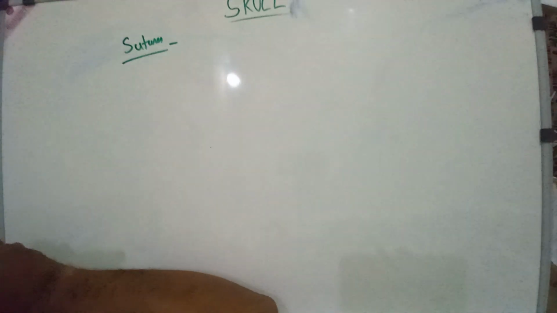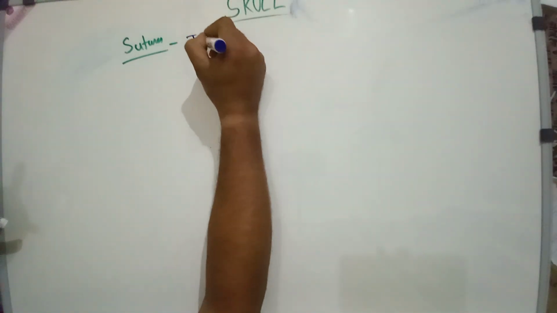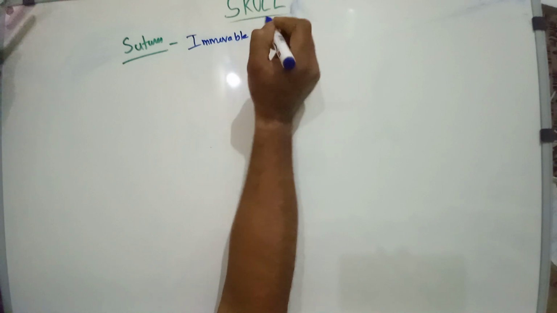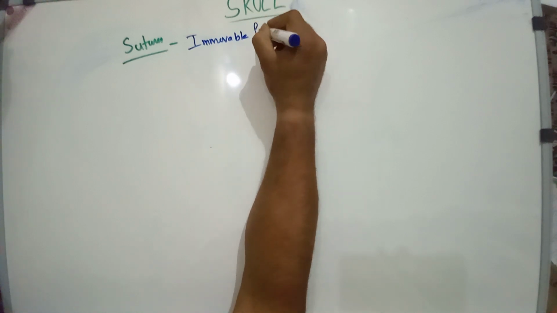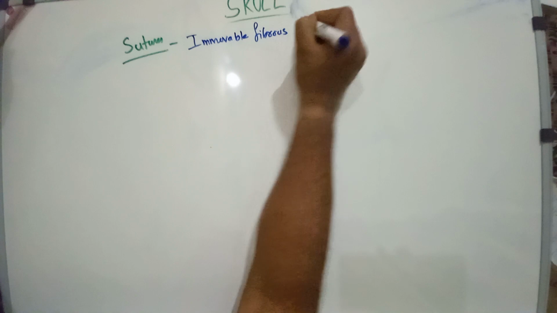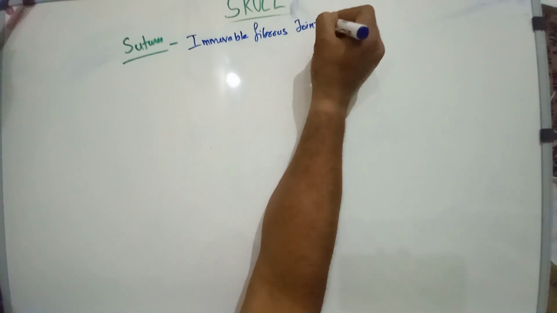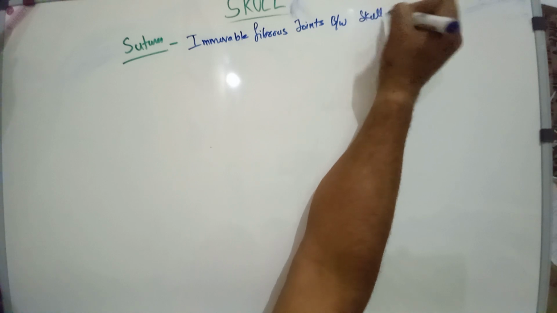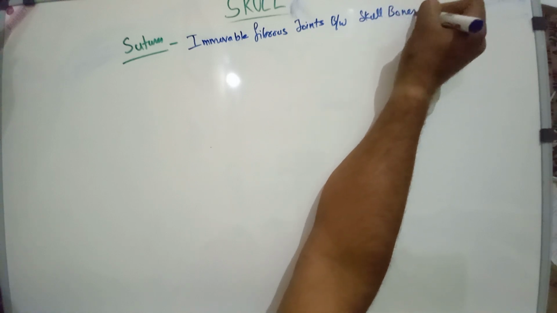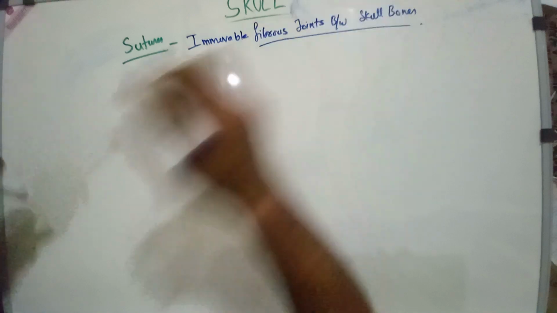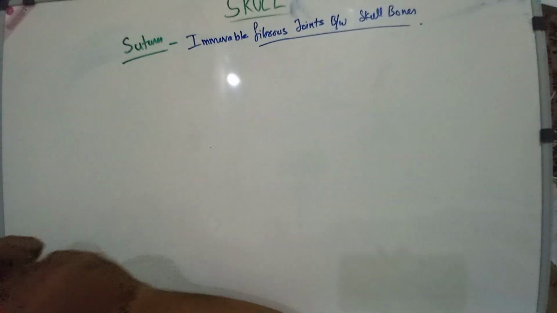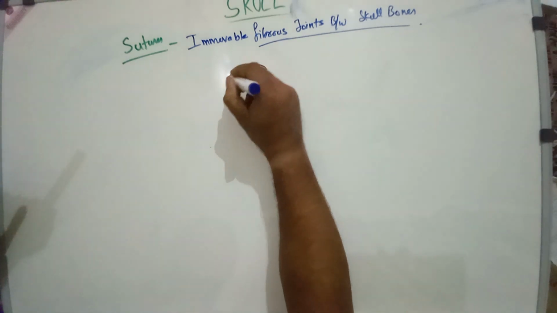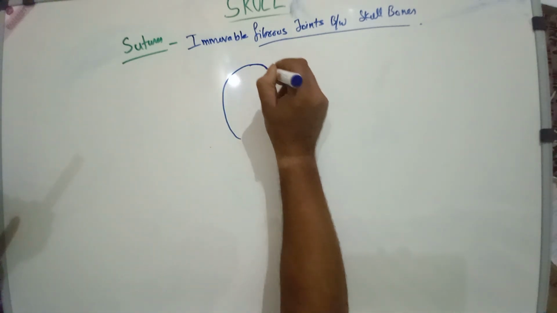Sutures are immovable fibrous joints between skull bones. Okay, so first one is sutures. How many sutures are there?